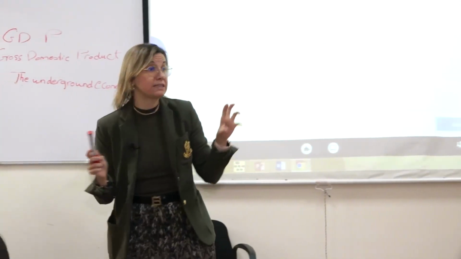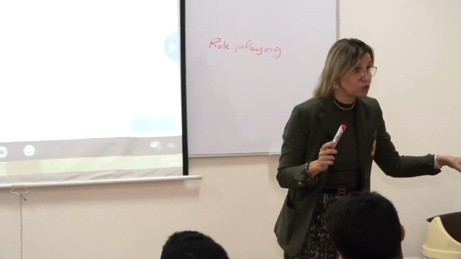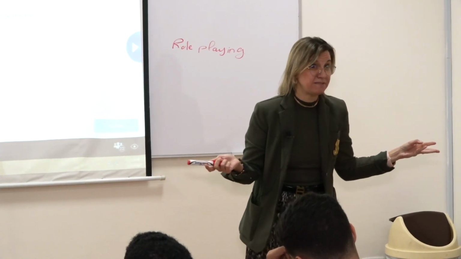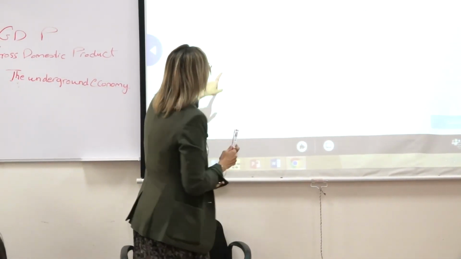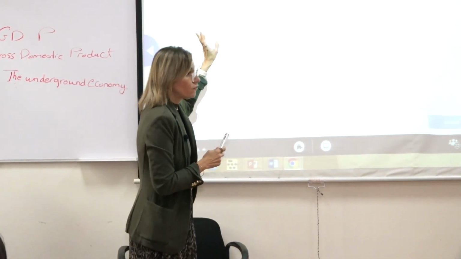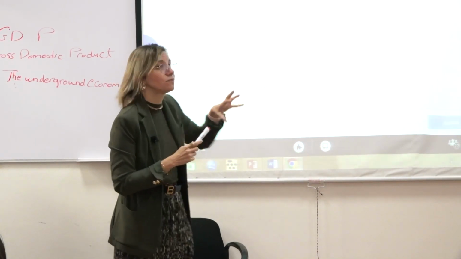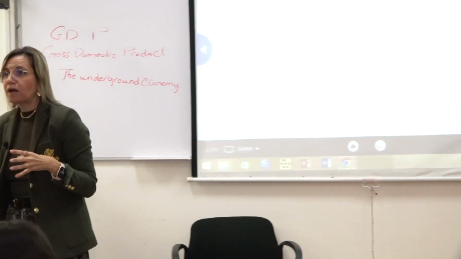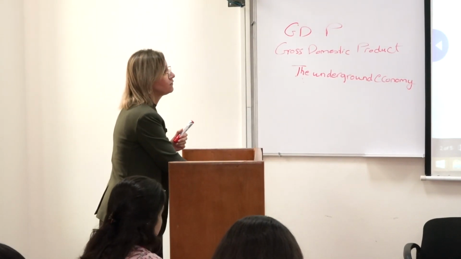If you don't pay your taxes and you're not registered as a final good or service, it doesn't enter into GDP. So this is illegal activity, okay? Or illegal final goods and services. And so all those we have eliminated. So by default, we will find that goods that are produced by foreign companies within domestic borders of a nation is what really represents the clear and true definition of the GDP.